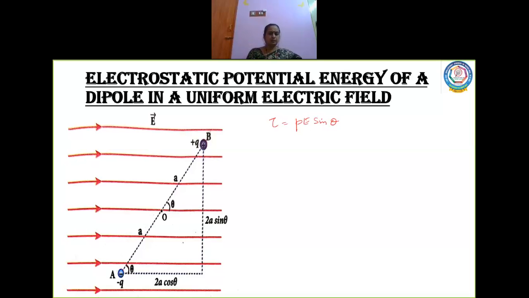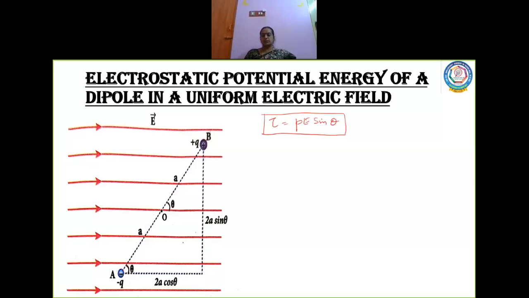Now what I am going to do here is bring a dipole. The electric field given is a uniform electric field. When I keep a dipole, definitely it will experience a torque. This you are familiar with. See here, every topic is dependent on the previous topic. If you do not know the formula tau equal to P E sin theta, it is very difficult for you to follow up.